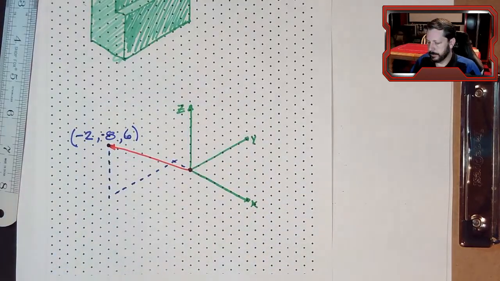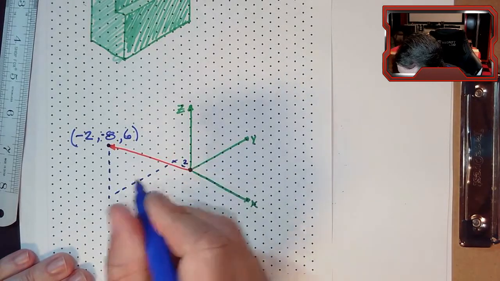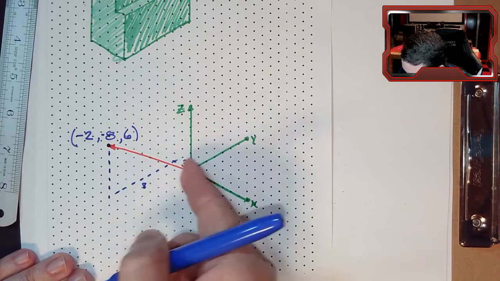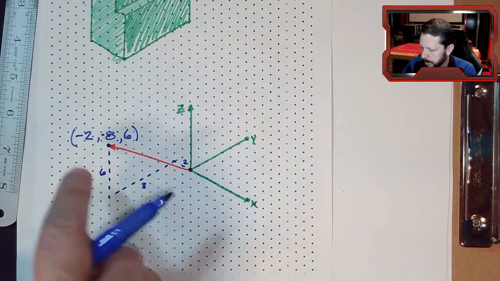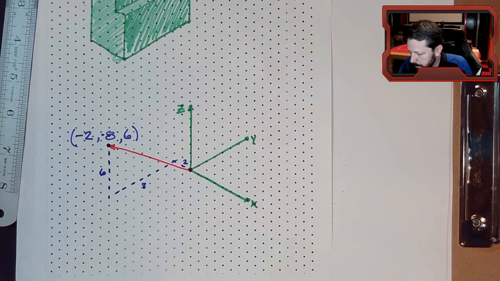So I could give that endpoint for the force vector a set of x, y, and z coordinates. I suppose I could also label all of the distances on these lines, and then you could figure out the coordinates based on the labels. And we'll do both ways.